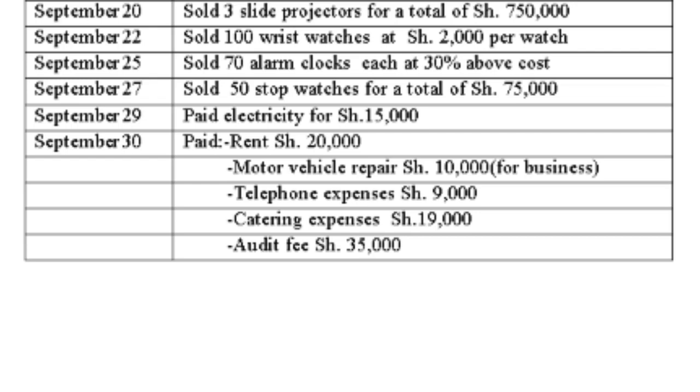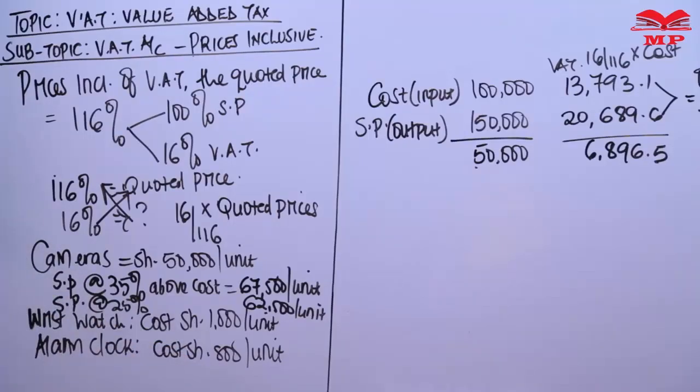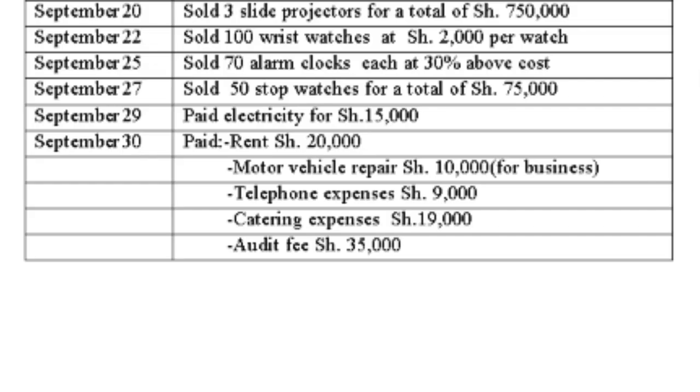Sold 70 alarm clocks, each at 30% above cost. So alarm clock, one, the cost is 800, like we had computed earlier, and they're selling 70. And the rate is 30% above cost. So we will take the cost times 130%. The cost is 800 times 130%. That gives us 1040.